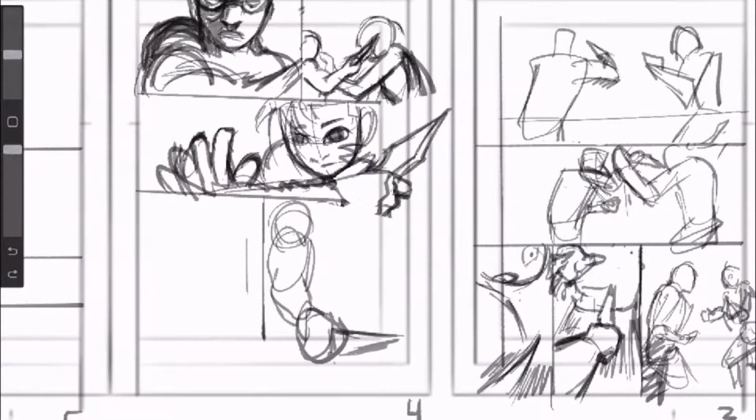Really over here posing my body. Like, how do I make this pose? Can understand a little bit.